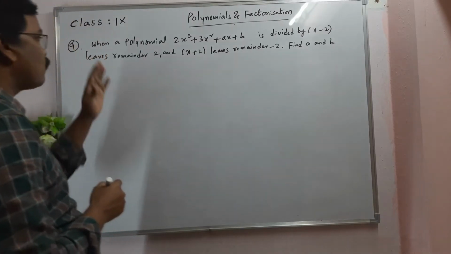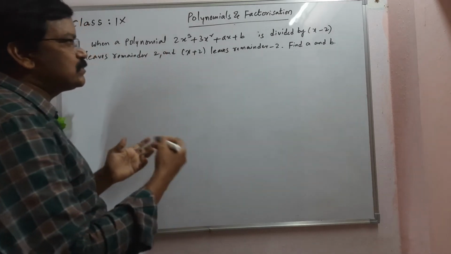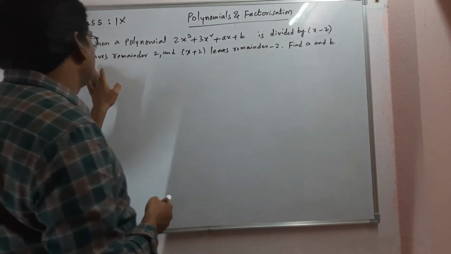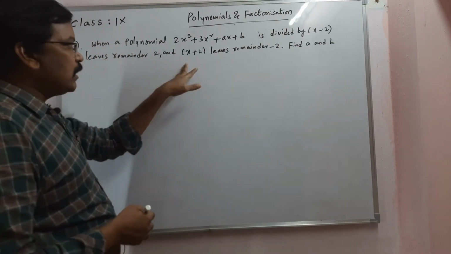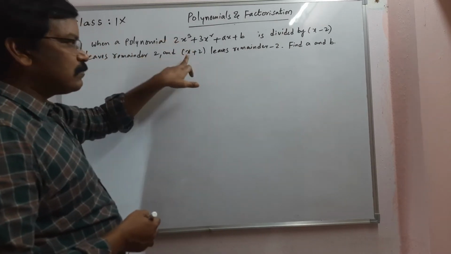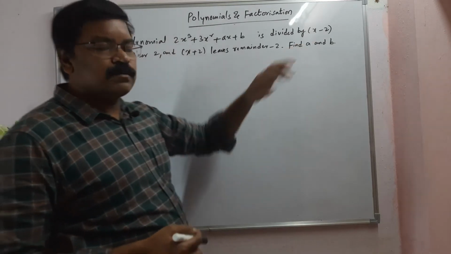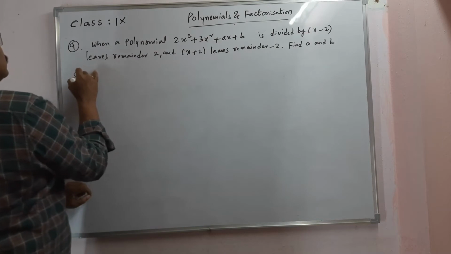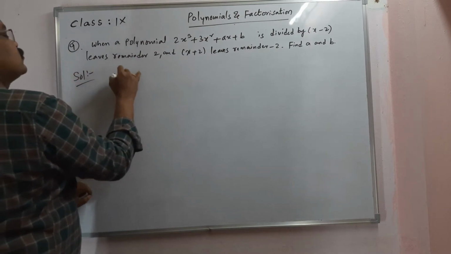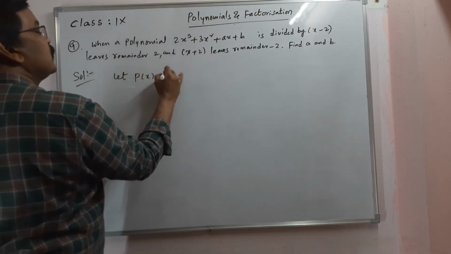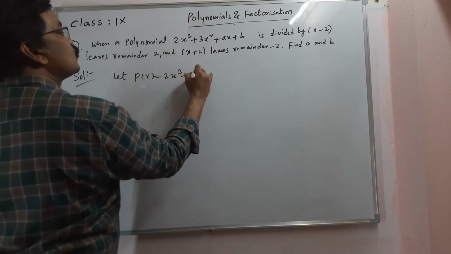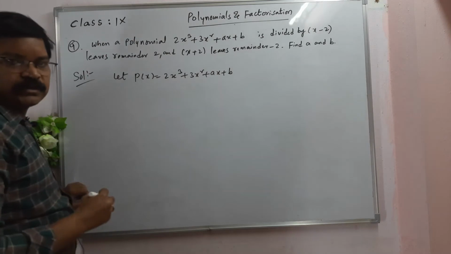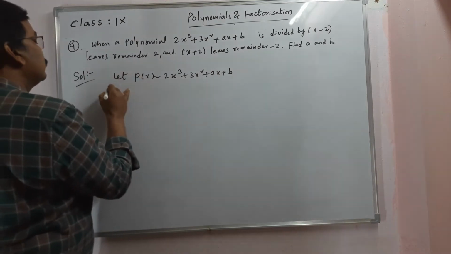Ninth question. When a polynomial 2x cube plus 3x square plus ax plus b is divided by x minus 2, it leaves remainder 2, and when this polynomial is divided by x plus 2 it leaves the remainder minus 2. Find a and b. Okay. See, let p of x be 2x cube plus 3x square plus ax plus b. This is the polynomial.